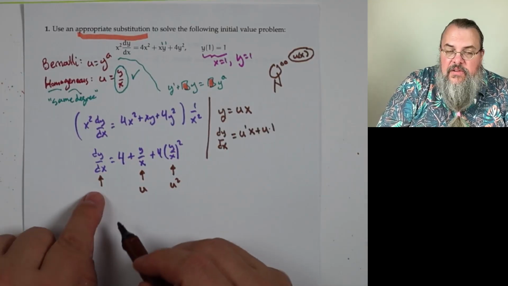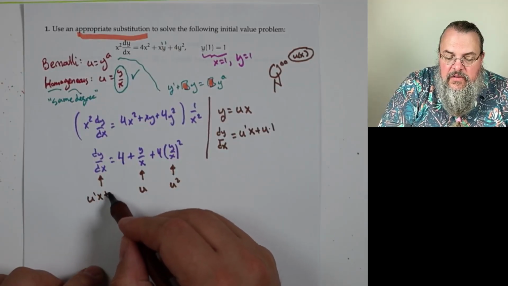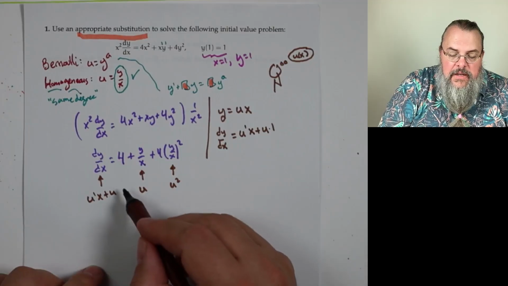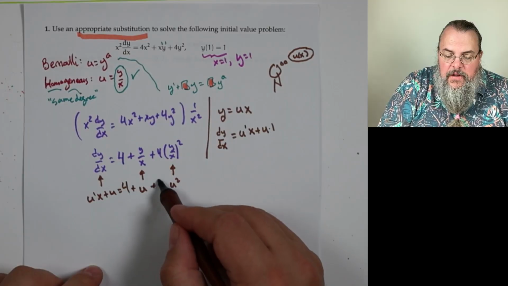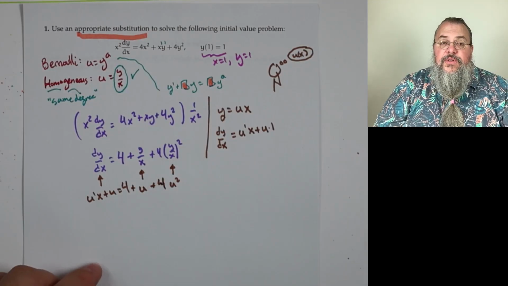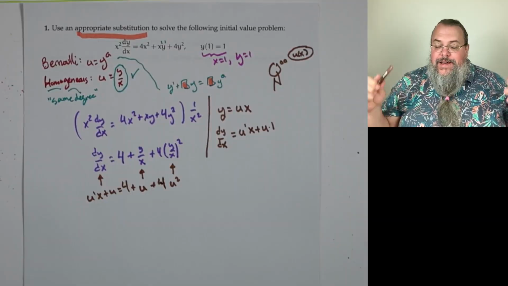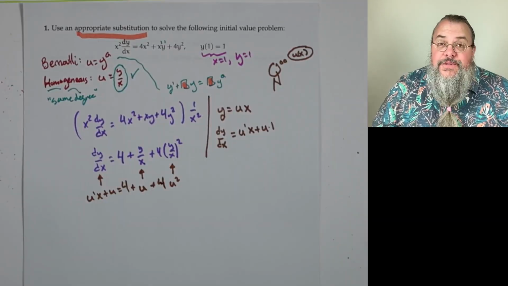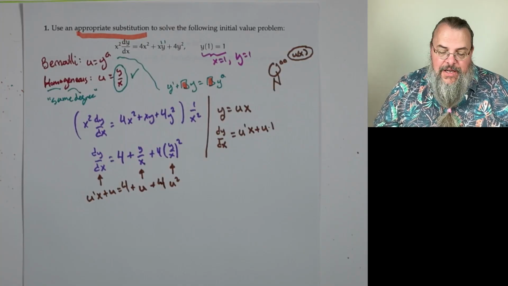So that says dy dx becomes u prime x plus u. All right, so we put all this together, and we get the following. There we go. So there's the substitution. All right, success. And if we've lived a good life and we've updated things correctly, good things should happen.